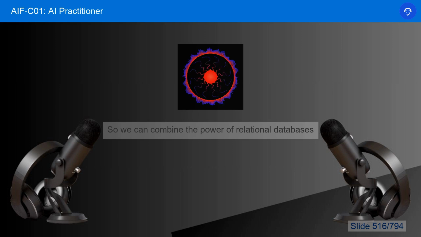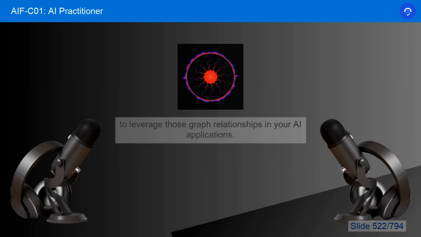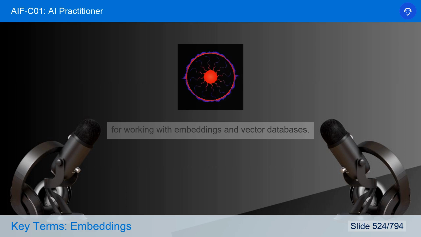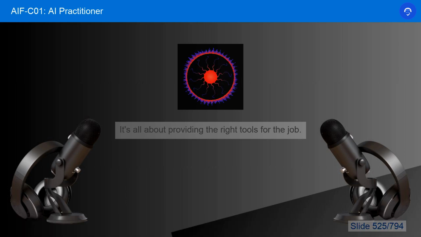So we can combine the power of relational databases with the flexibility of vector search. You got it. And for those working with graph data, Amazon Neptune, a purpose-built graph database, can efficiently store and query embeddings, allowing you to leverage those graph relationships in your AI applications. It's amazing how AWS offers these specialized services for working with embeddings in vector databases. It's all about providing the right tools for the job.